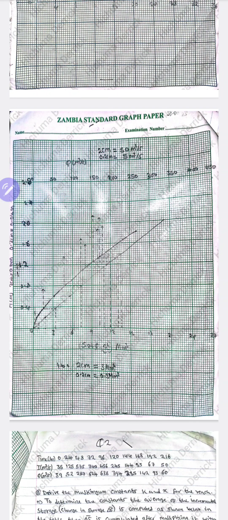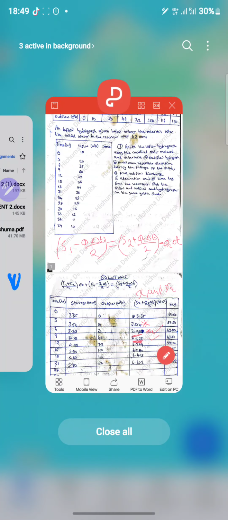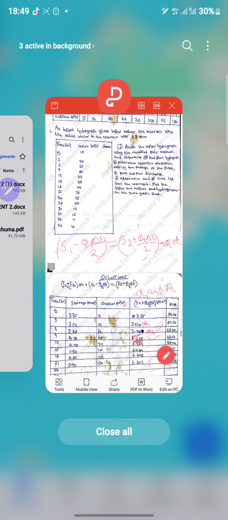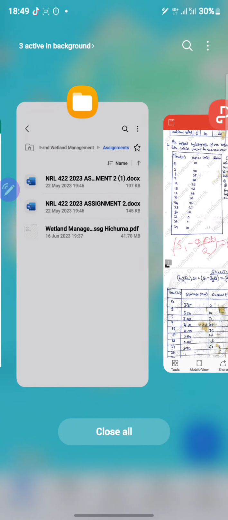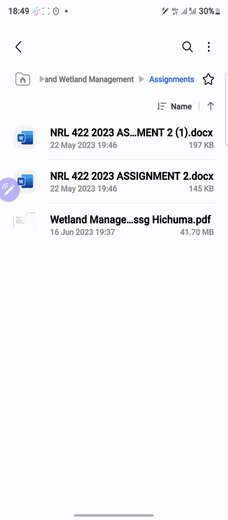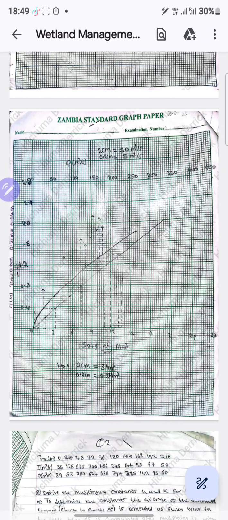your elevation. This is your elevation here. This is your elevation this side. Okay, sorry for that.